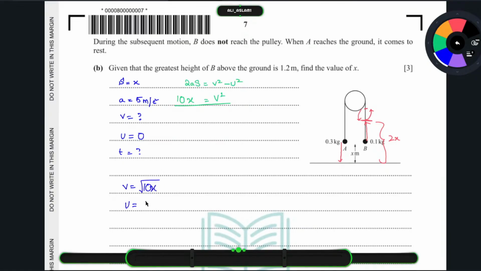U is unknown. Actually, no, it shouldn't be U. V was 0 though, because V is the final, and U should be 10x. Yeah.